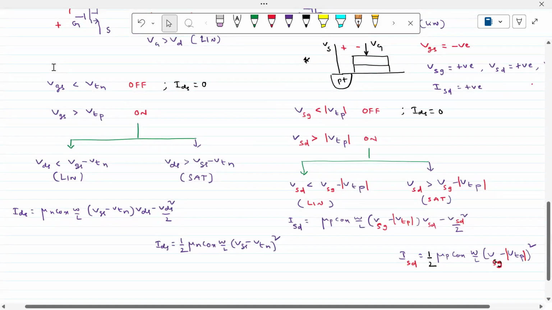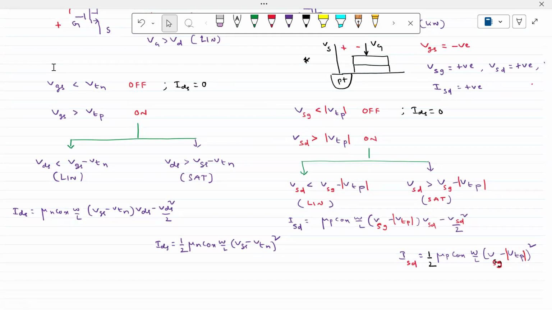Any questions so far? Shall we go and do some exercise problems? Hopefully, I have cleared each and every point: why it is positive, why it is negative, when it is on, when it is off, everything I have defined clearly.